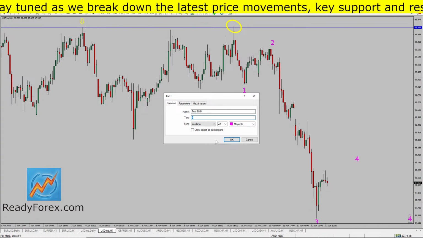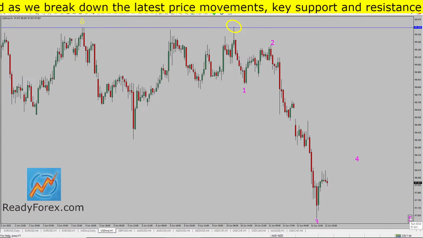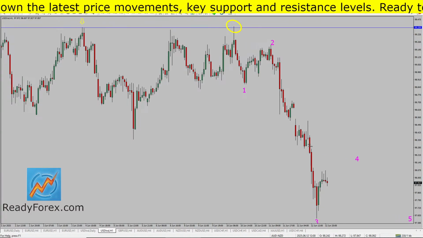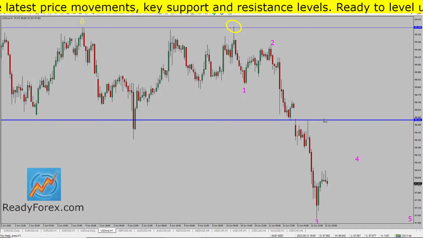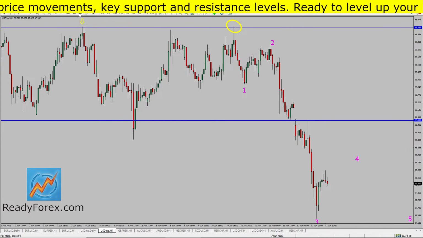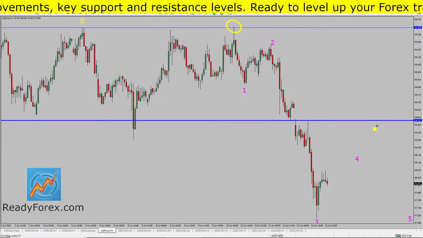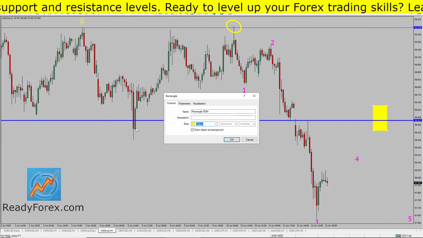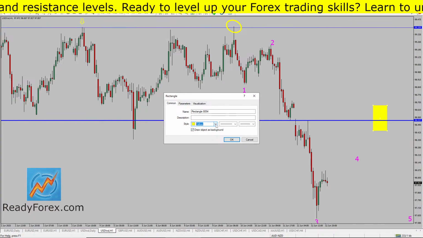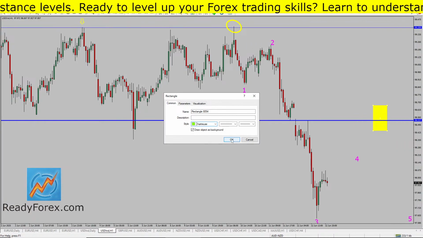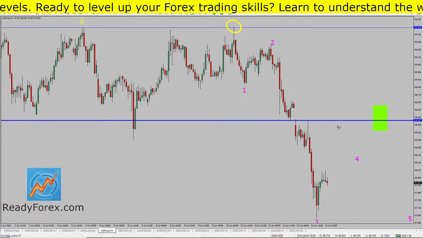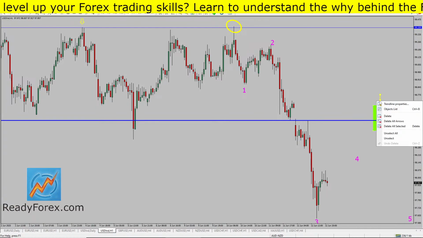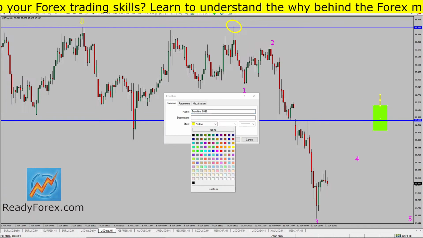Now I'm going to define a level, index is not breaking above 98.53. Okay, I'm going to show you what I mean by that.